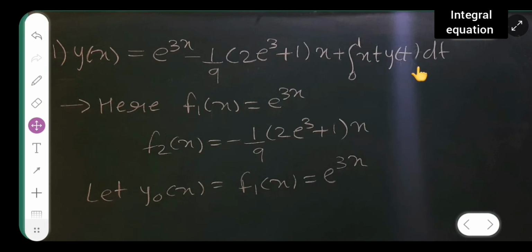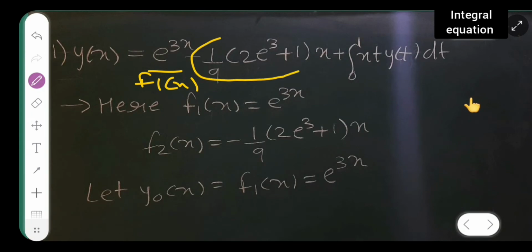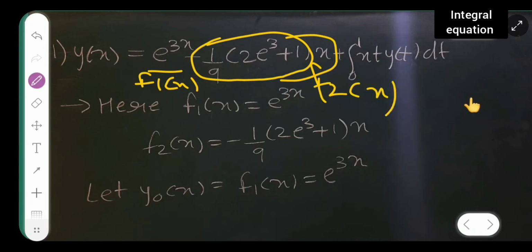Now here, this is my f1 of x. This part I have to consider, this entire part, as my f2 of x.